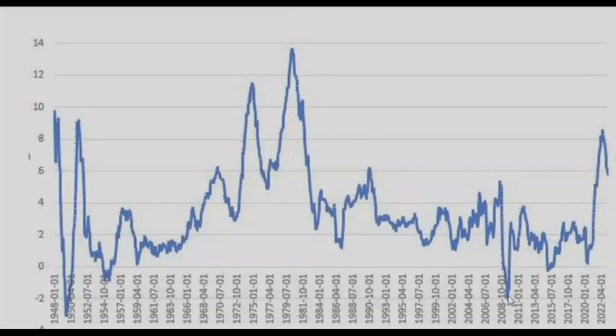Then we have some deflation in 2008, and then it comes back up again. Then we have some more, and then whoops, okay, that's us. That's us now. Observing high inflation now for at least a year, right?